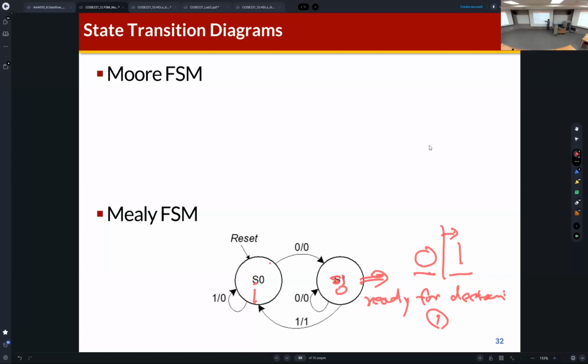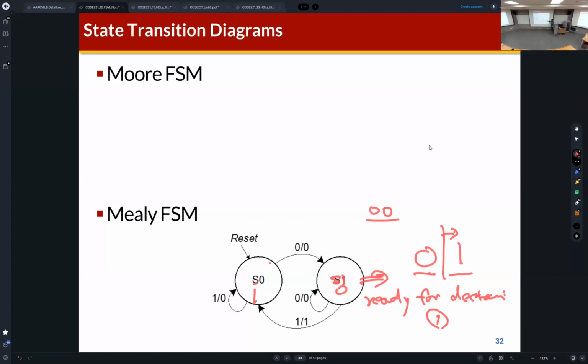In this state S1, if 0 is received, then the output is 0, because the sequence is 0, 0. So the output is 0, and the state goes back to its old state, because the previous event is also 0.